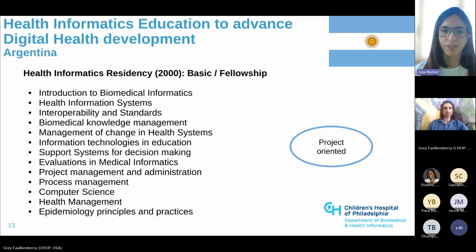We have different areas of application, but this residency is project oriented, which means that depending on which projects you get assigned, you get a different profile from your colleagues. So this is very interesting, and it can be seen both as an advantage or a disadvantage, depending on your own profile and your expectations.